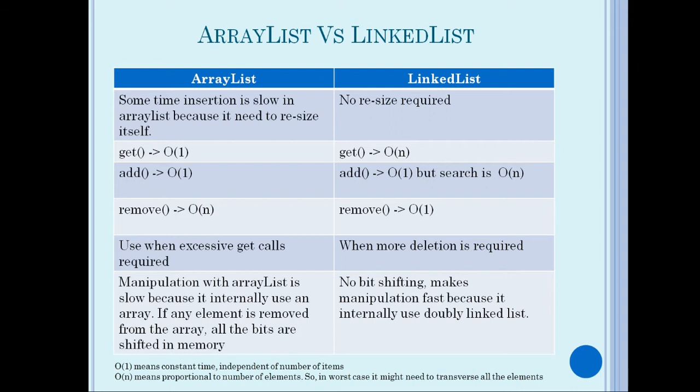And big O(n) means it's proportional to the number of elements. So if you have 10 elements, the time it consumes will be according to the number of elements. For example, 10 microseconds for 10 elements. If it's 100, it might take 100 microseconds. If it's 1 million, it might take 1 million microseconds.